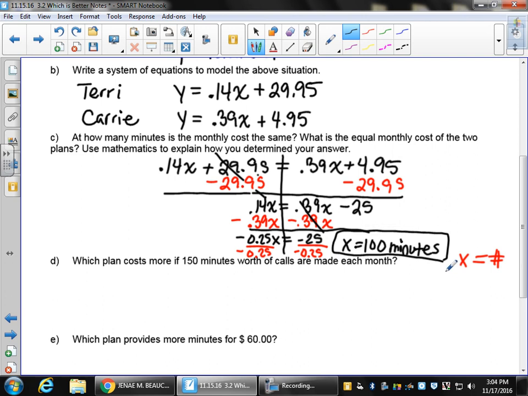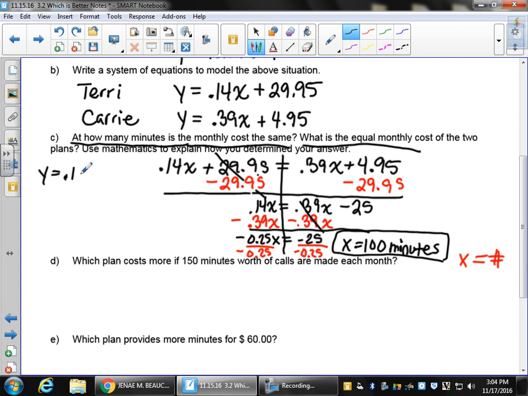Let's see if we're done. We answered at how many minutes, but then notice we have a second part to the question. I should have underlined this whole question. So we answered this question: when are they the same, at how many minutes? Now, what is the equal monthly cost? So we need to plug in 100 into one of these. Doesn't matter which one.